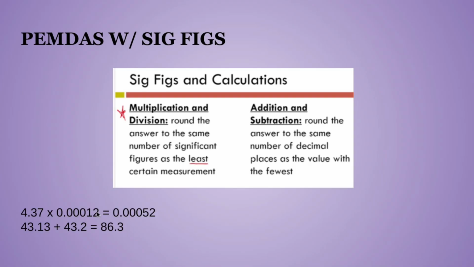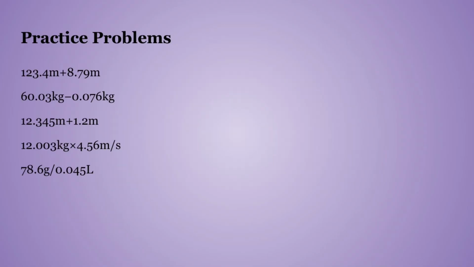Now we're going to do some practice problems. So first, identify, is it addition and subtraction, or is it multiplying and dividing? And if so, what do you do? As you can see, this is addition and subtraction. That means that you do your answer based off of the amount of decimal places. So first, put it in your calculator.